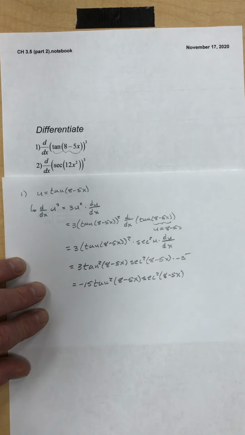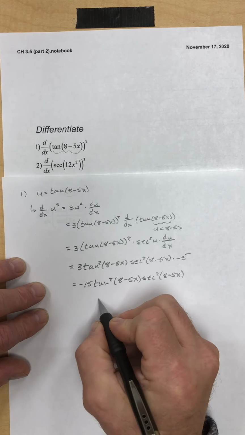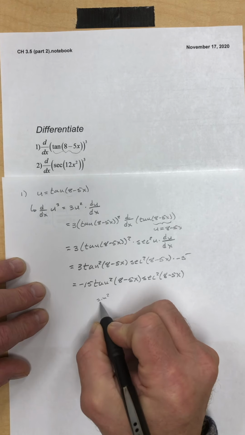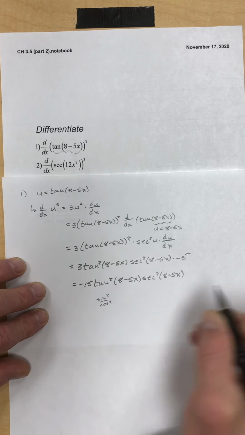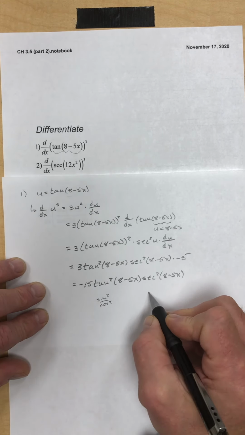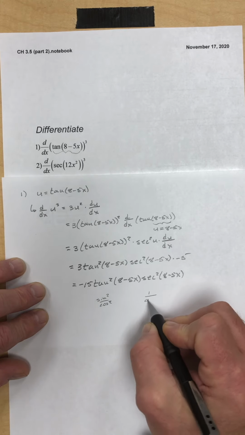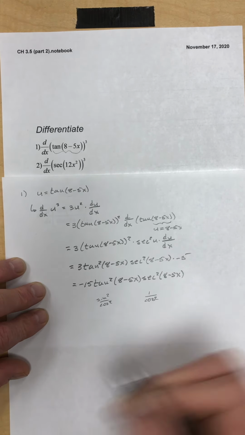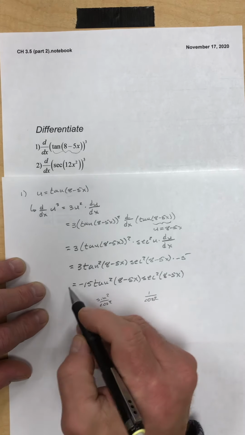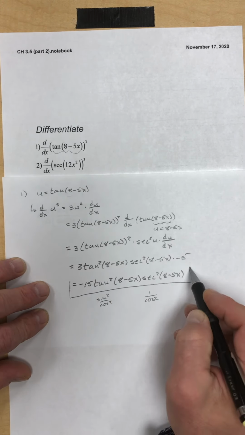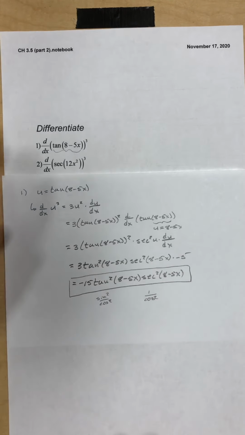And I don't see anything we could possibly do. Tangent squared would be sine squared over cosine squared, and secant squared would be 1 over cosine squared, so there's no way to get anything to cancel. We just stay right here with this. So far so good.